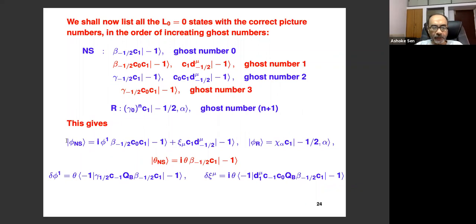So now we can write down the most general form of the Neveu-Schwarz sector string field, because you have to take these basis states and write down a general expansion of phi NS in these basis states. And here is the expansion. This factor of i I have included because it follows from the reality condition on the string fields, but this is not going to be very important at the end.